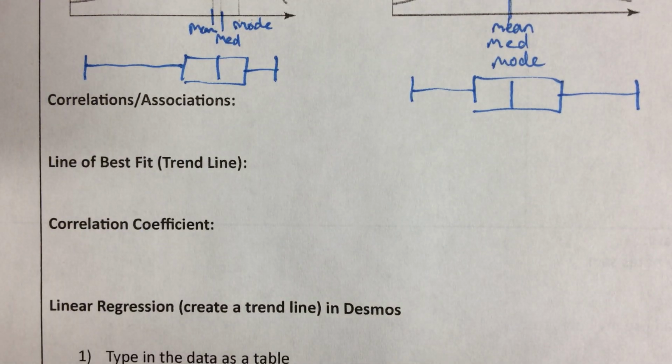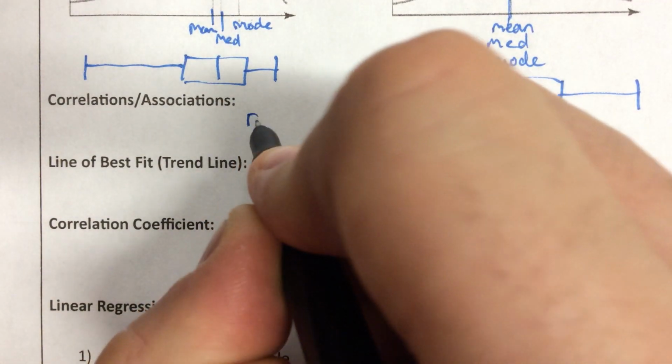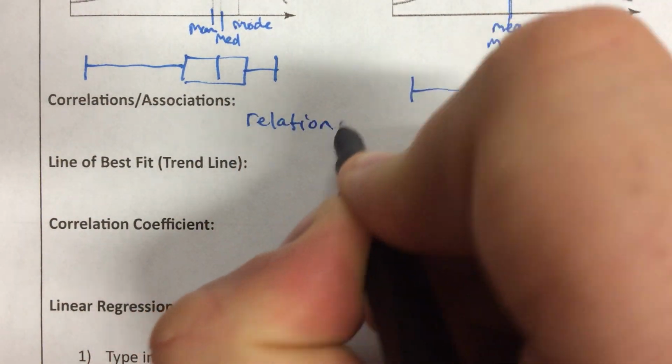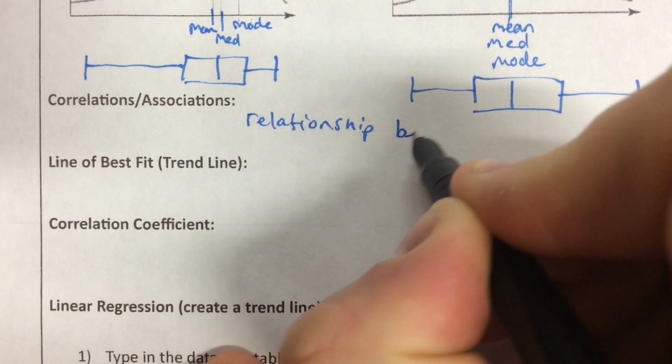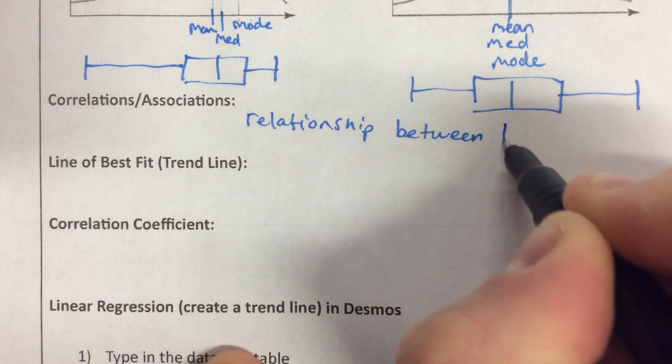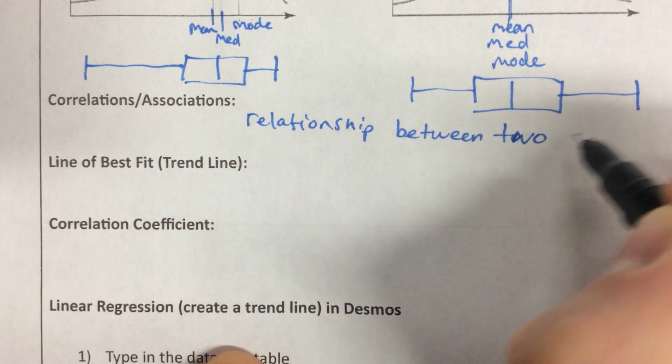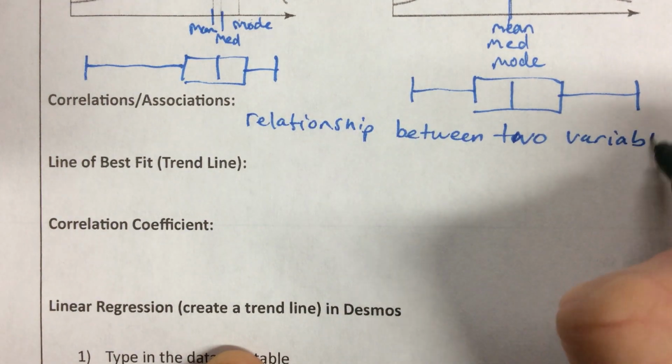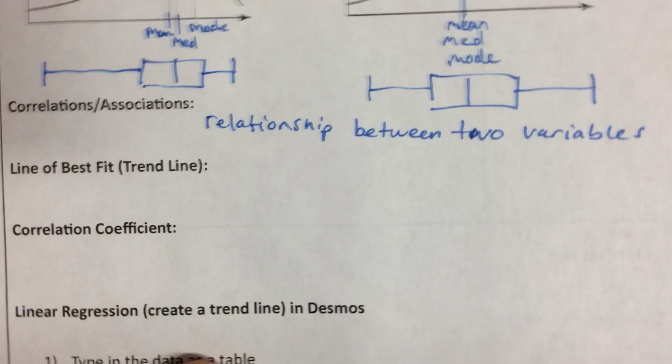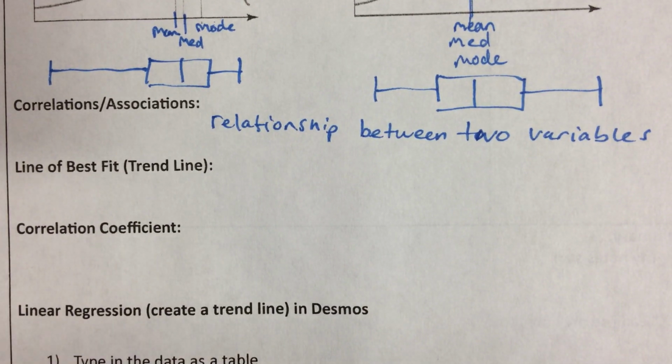They pretty much mean the same thing. It's just talking about the relationship between two variables. Okay, so the example that they give in the textbook is like the relationship between the amount of sun and the temperature.